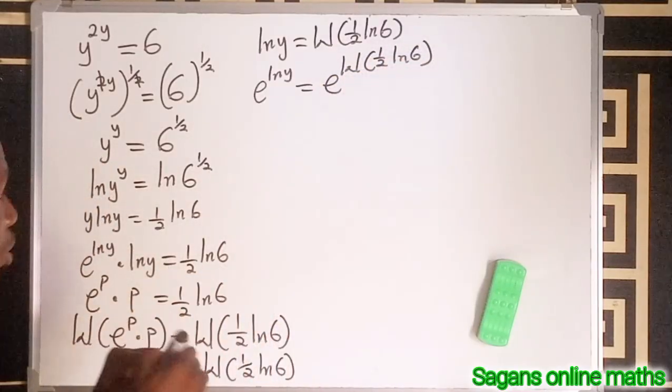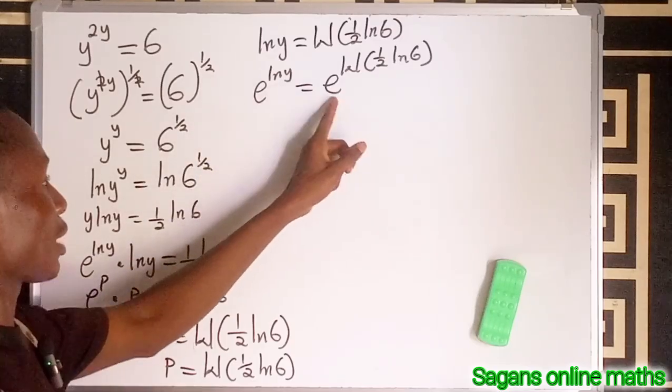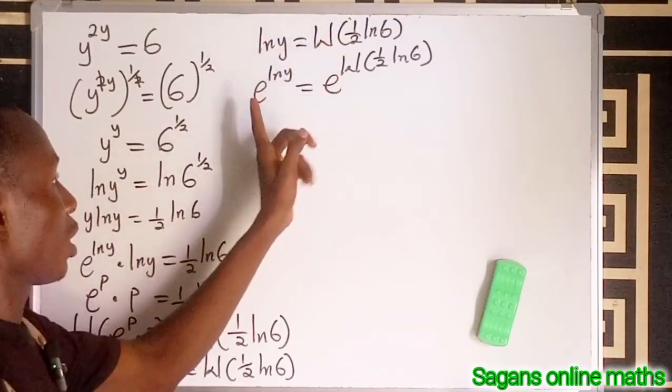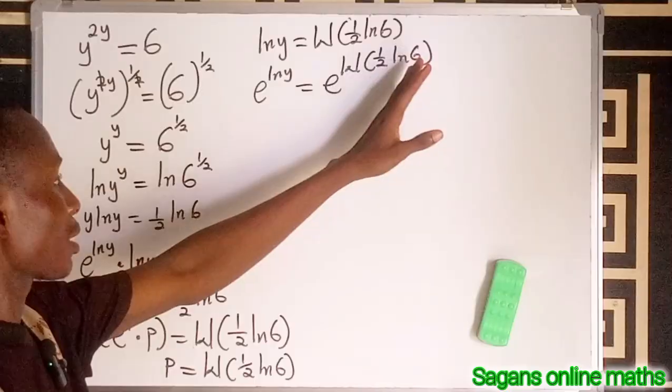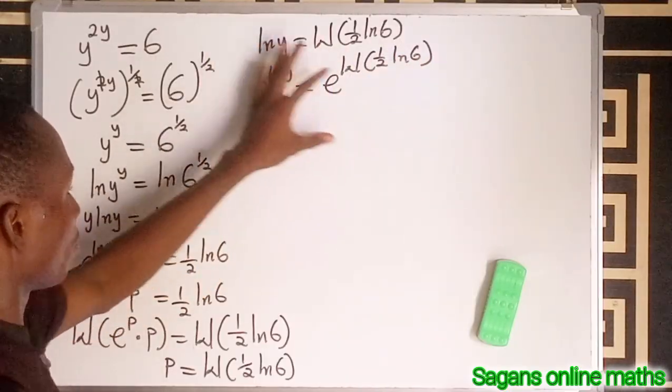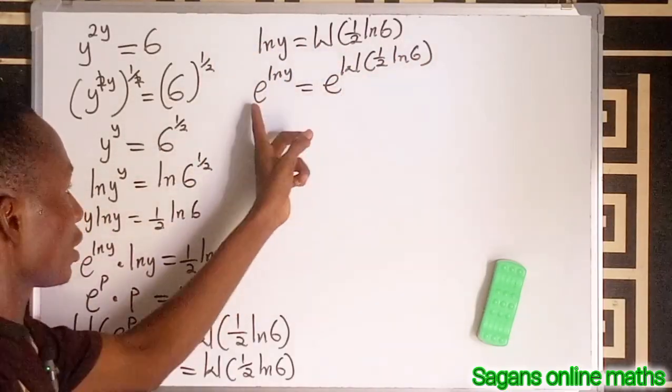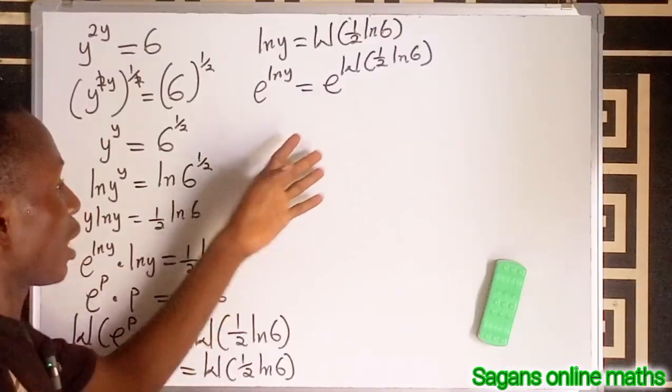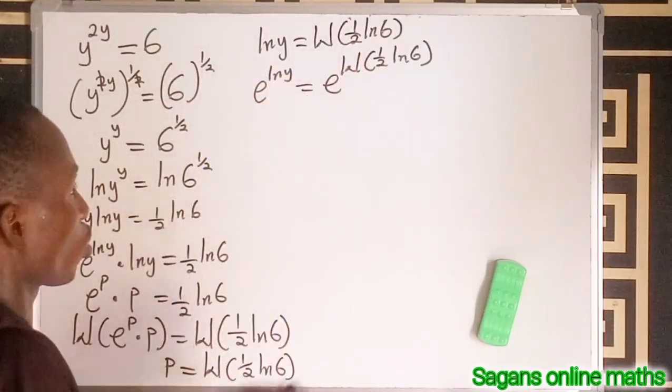There's nothing wrong because the bases are the same. Since the bases are the same, this equals this because I can equate the powers. I can do without the base and equate the powers, right? Because e is here, so they are the same. I can do without them and equate the powers, so there's nothing wrong.